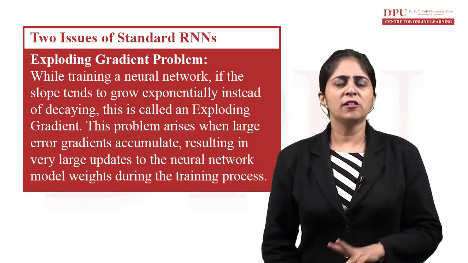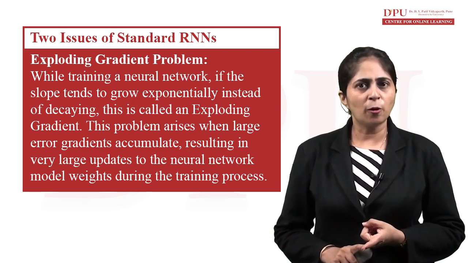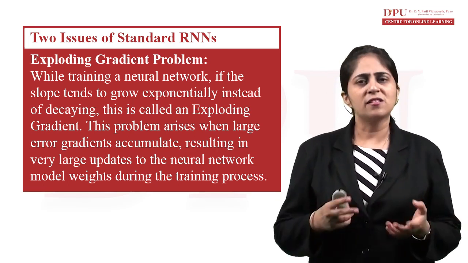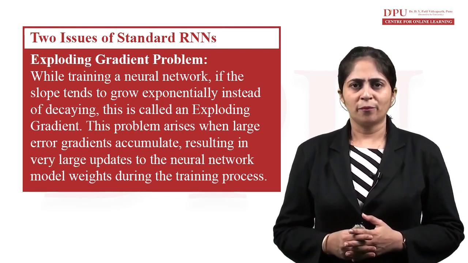So the two major issues of our recurrent neural network are the vanishing gradient problem and the second one, just the reverse of it, the exploding gradient problem.